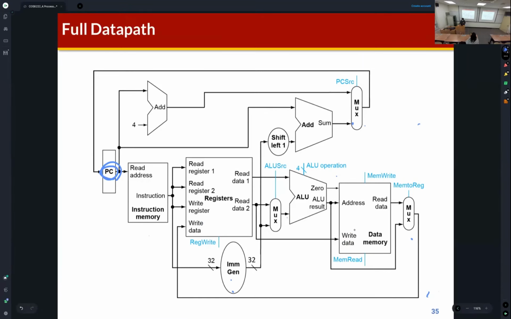So we have some hardware components such as memory, register file, ALU, and these hardware components have input and output ports. So it's like a black box. Which means that if some input data are given to this black box, then this black box generates the output result. So you can see that these hardware components look like a black box actually.